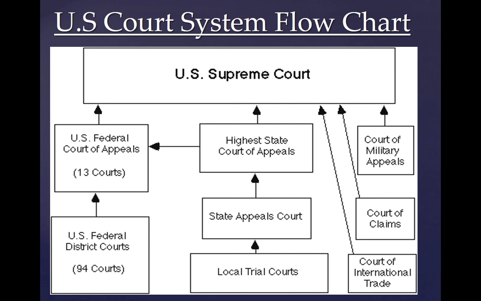The states have the highest state courts of appeals, which are typically your state Supreme Courts as well. So those are higher than the appellate courts in the state. So it's kind of like level 2.5 before you get to level 3, which is the actual U.S. Supreme Court, which actually has jurisdiction over all of the court systems in the United States.